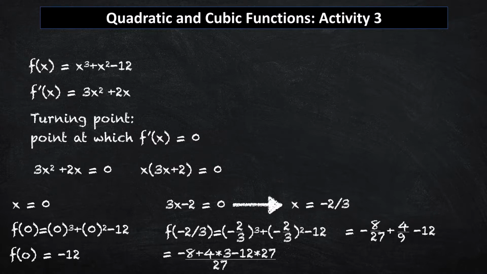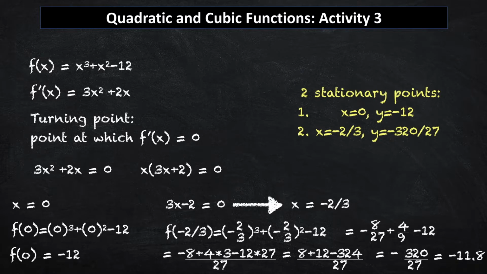So this becomes minus 8 plus 4 that multiplies 3 minus 12 that multiplies 27, everything divided by 27. If we do the math, what comes out is minus 320 divided by 27, which is more or less equal to minus 11.8. So for this function, which is a cubic function, we have two stationary points.